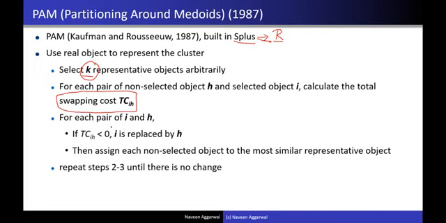We do it for all I objects and compare whether we have to swap with the H object, and what the cost is. The cost can be defined in various ways. It can be a simple dissimilarity, a simple comparison with the medians, or a weighted comparison with many features.